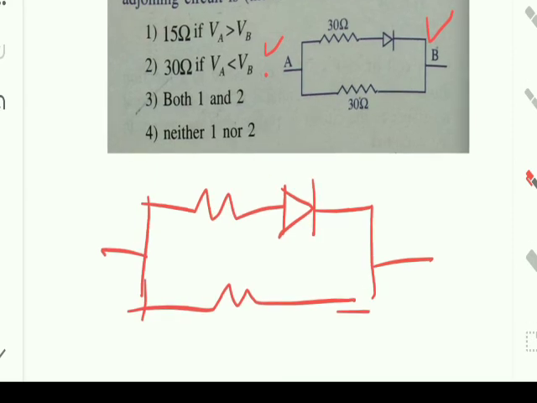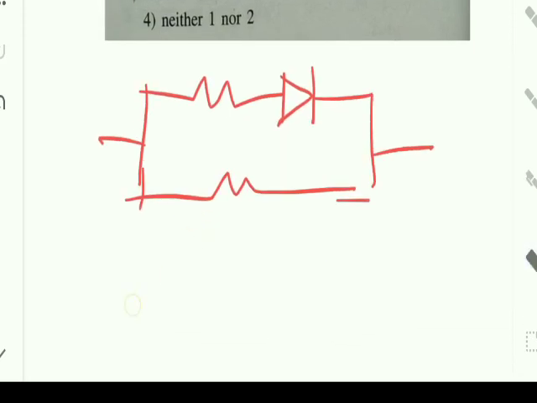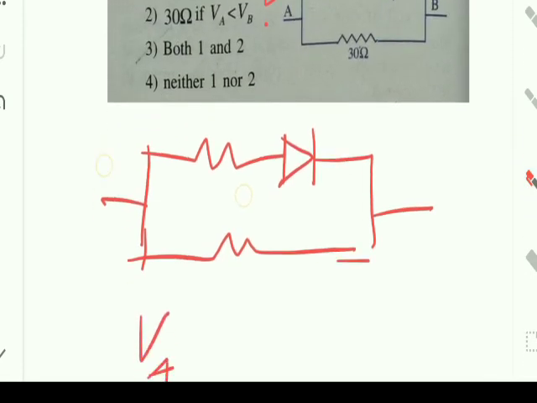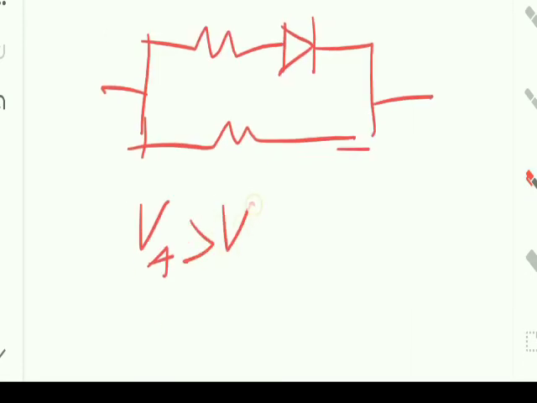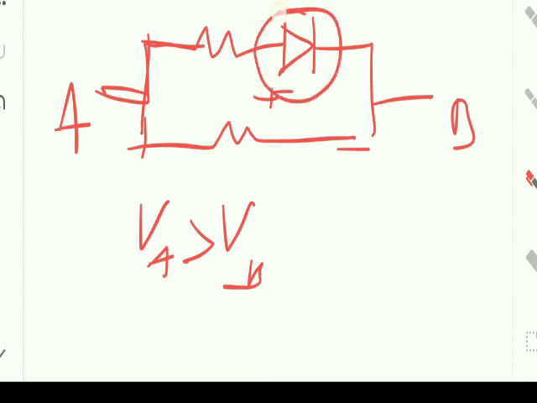VA is greater than VB, so current passes in this direction. So the diode is forward biased. Nothing but it is a closed circuit.